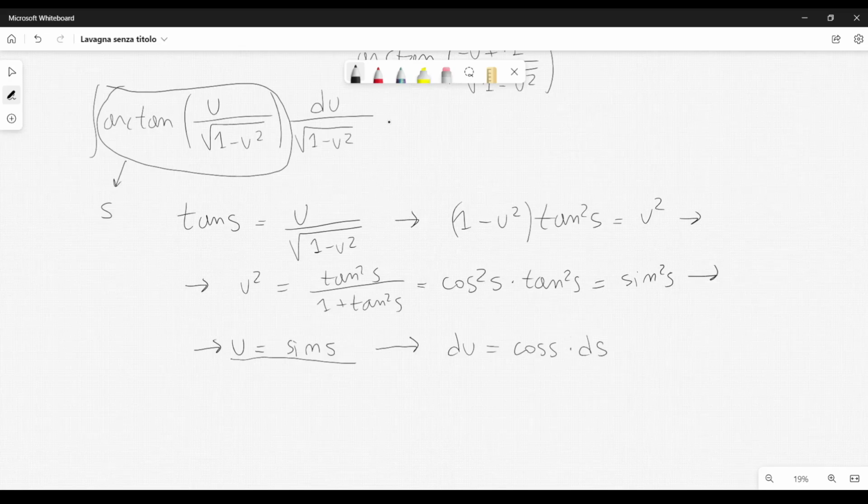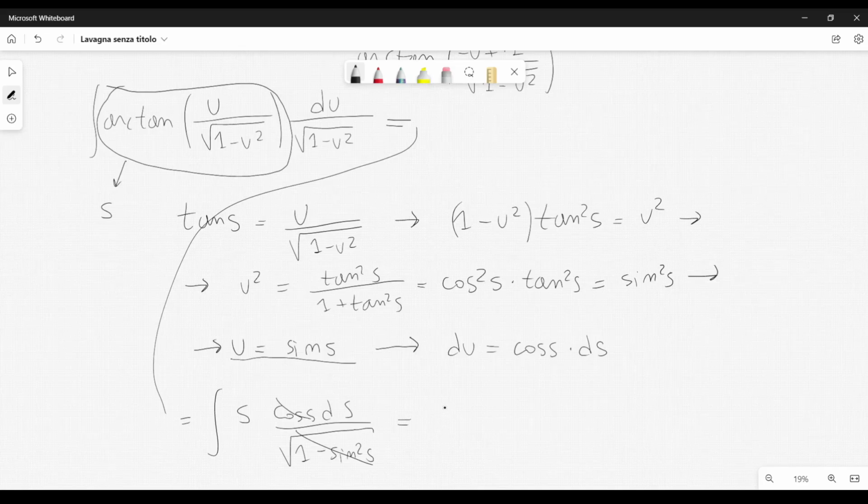Therefore, this integral here will become the integral of s times cosine of s ds. And then we divide by the square root of 1 minus u squared, but u is sine s, so we have sine squared s. But the square root of 1 minus sine squared s is just a cosine, so we can cancel this one with this one, and therefore we have the integral of s ds.